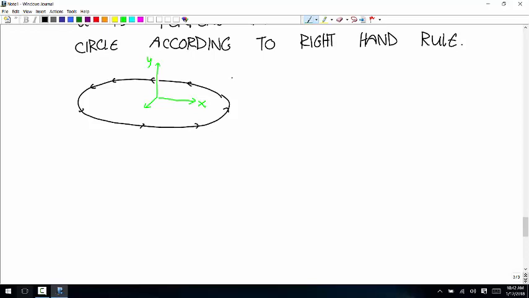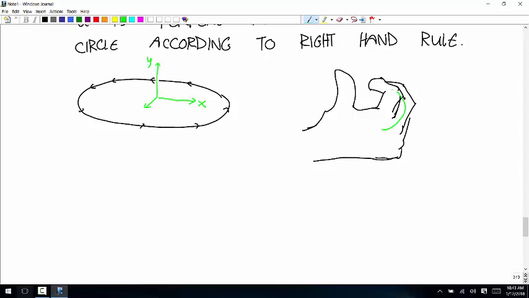Then the right-hand rule goes like this. It does look like it. Sort of looks like Quasimodo's hand or something. At any rate, so the fingers are the circular path.